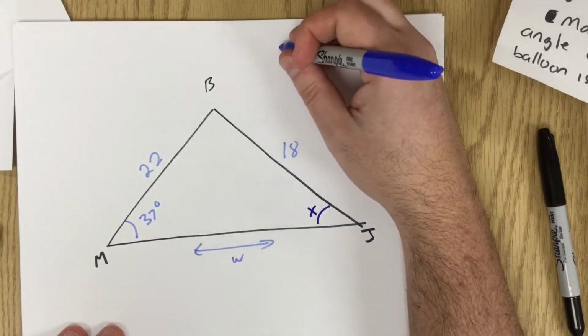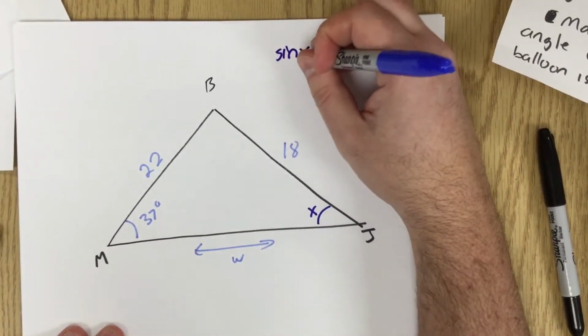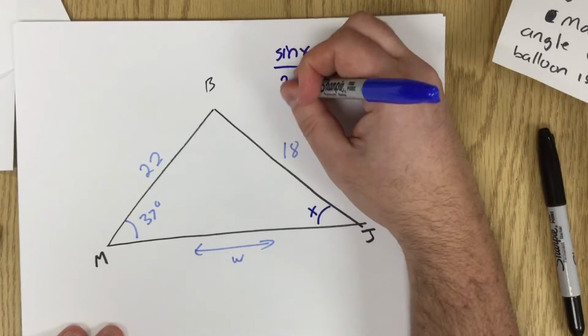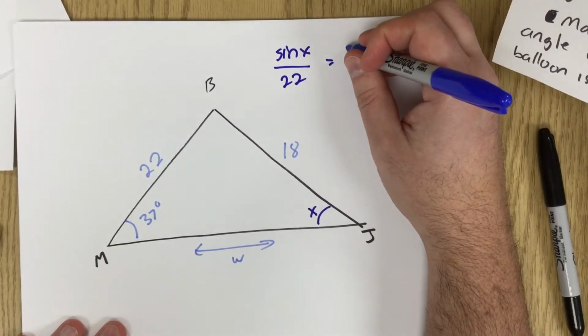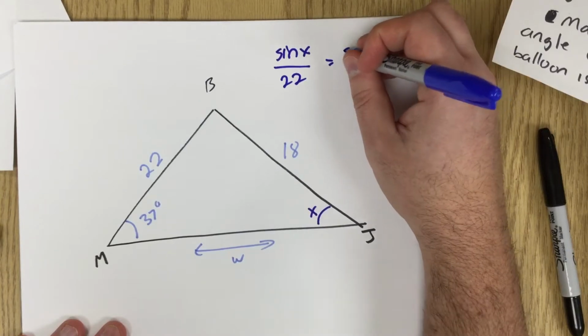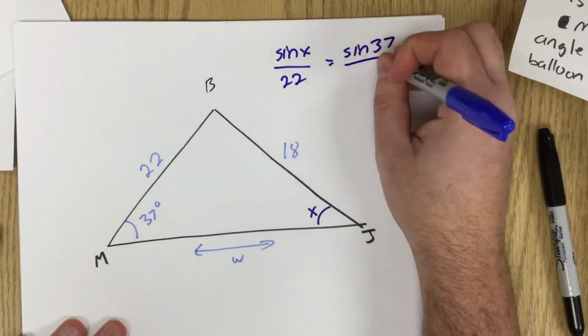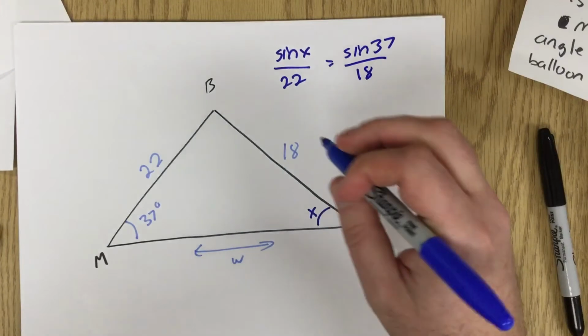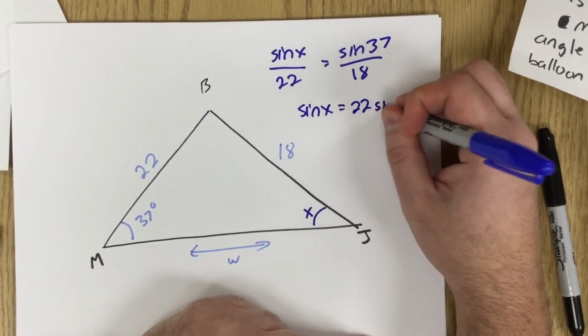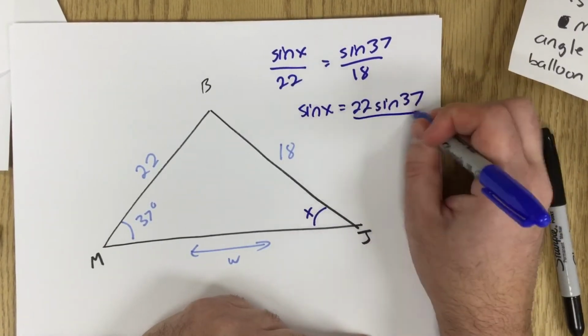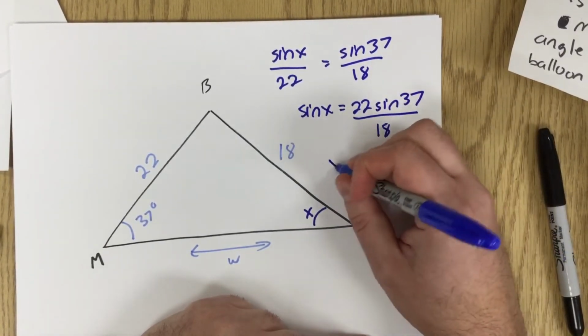So sine X over 22 equals sine 37 over 18. So sine X is 22 sine 37 over 18.